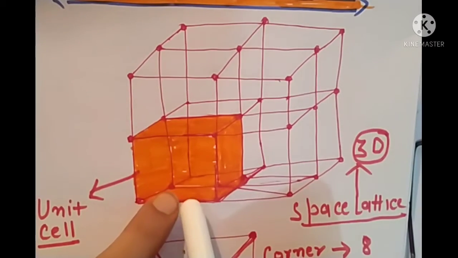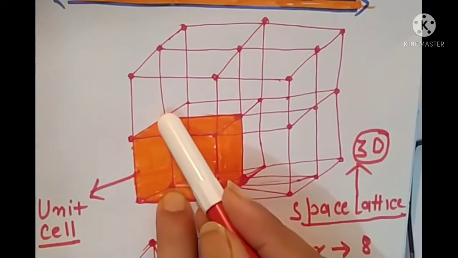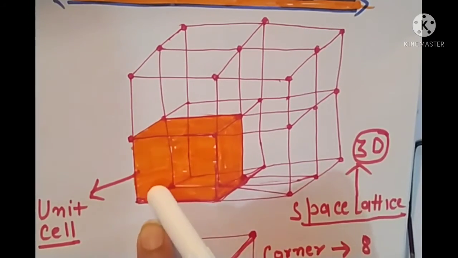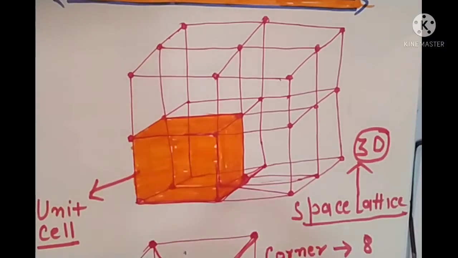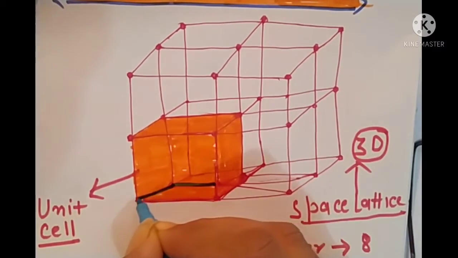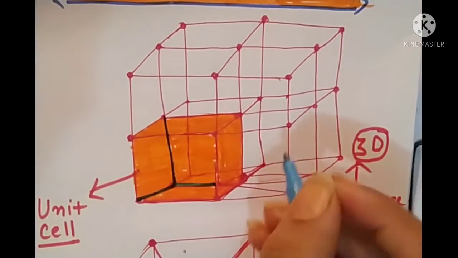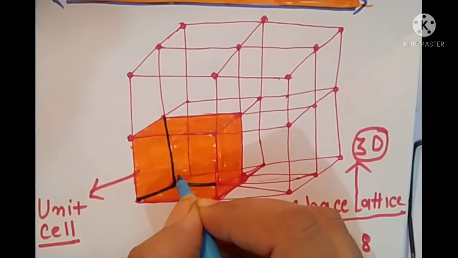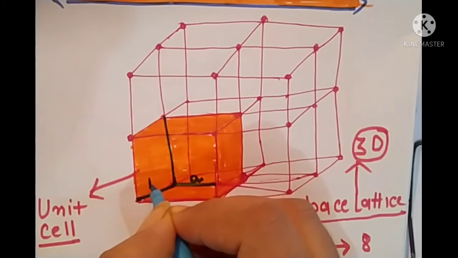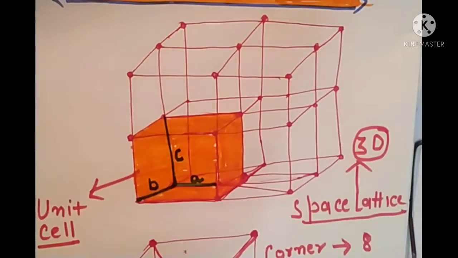This is one corner of the unit cell. This is one dimension, two dimension and three dimension. These are known as axial distance A, axial distance B and axial distance C.